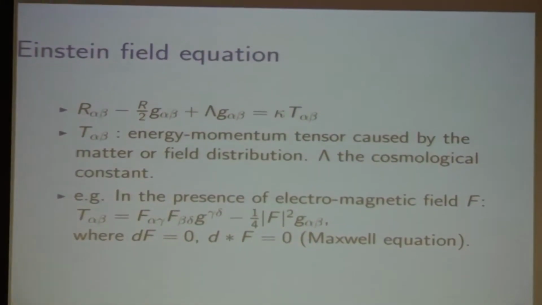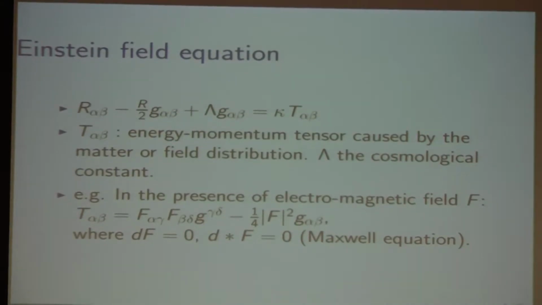Lambda is the so-called cosmological constant. Kappa is just a universal constant, roughly it is 8 pi times the universal gravitational constant. T alpha beta is the so-called energy momentum tensor caused by the matter or field distribution of the universe.